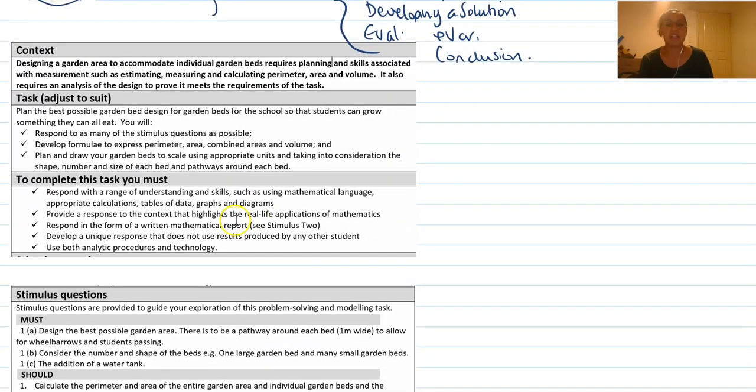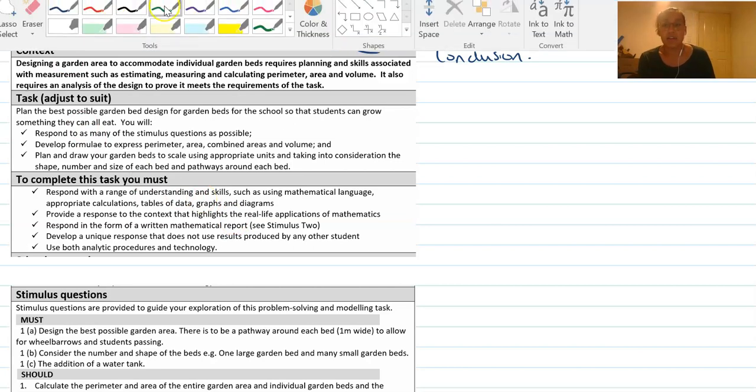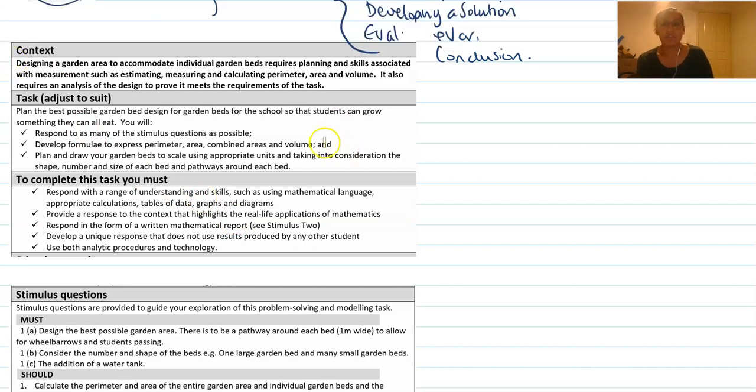So if we have a look down here, now let's be looking specifically at our task. Designing a garden area to accommodate individual garden beds requires planning and skills associated with measuring such as estimating, measuring and calculating perimeter, area and volume. It also requires an analysis of design to prove that it meets the requirements of the task.